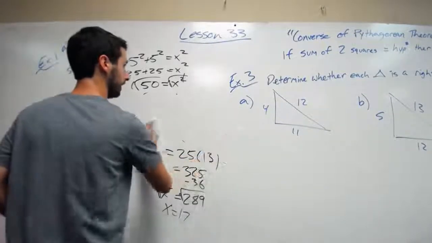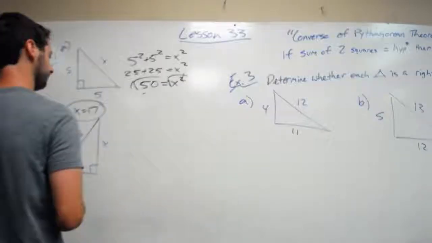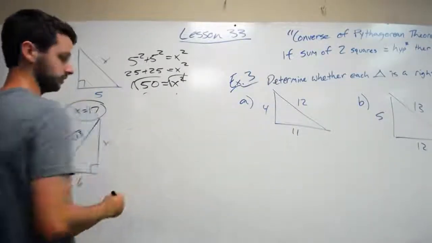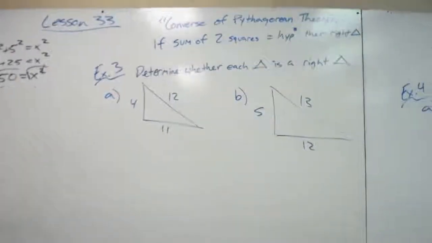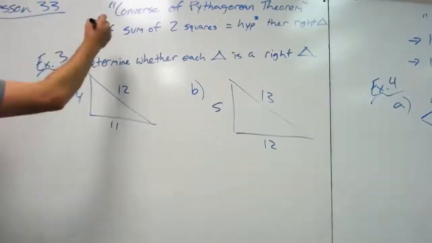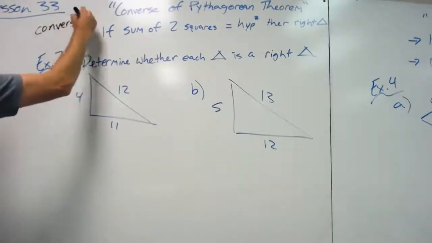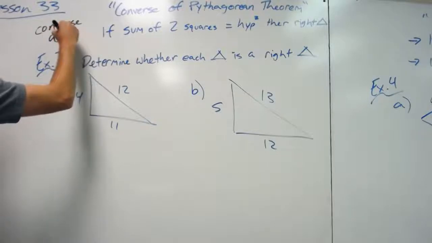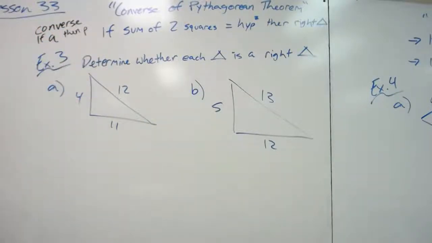Now let's look at the converse of the Pythagorean theorem. If you remember, converse means if Q, then P. And so what is the conditional statement though?